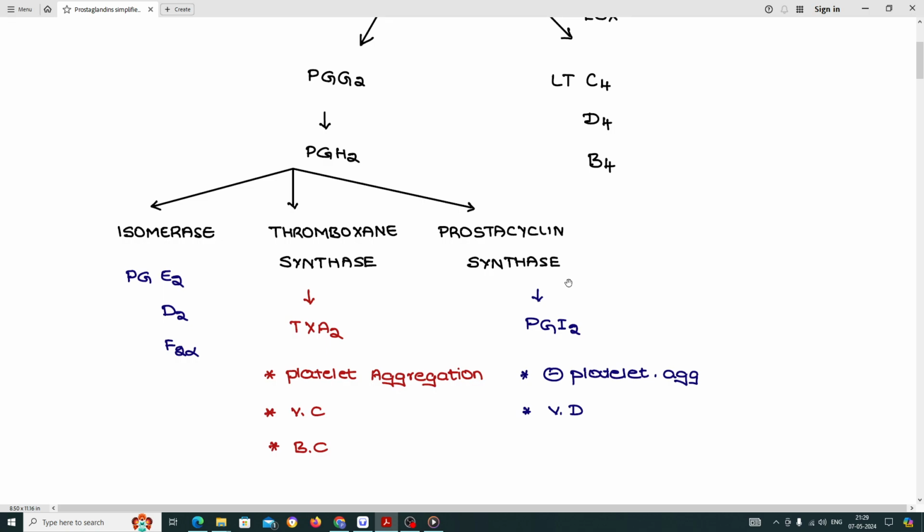So prostacyclin function and thromboxane A2 function are exactly opposite to each other. So prostacyclin has got protective effect, whereas thromboxane A2 has a negative effect by causing vasoconstriction, bronchoconstriction and platelet aggregation.